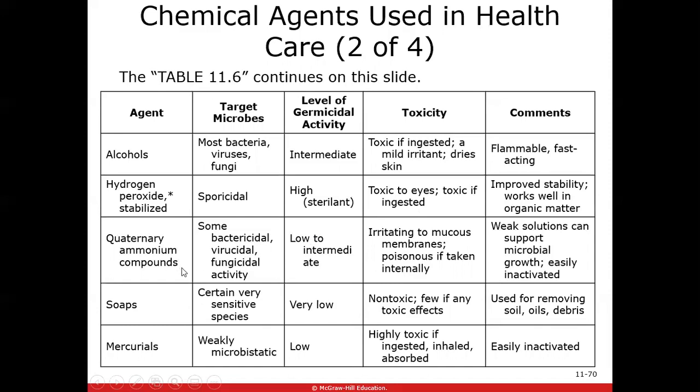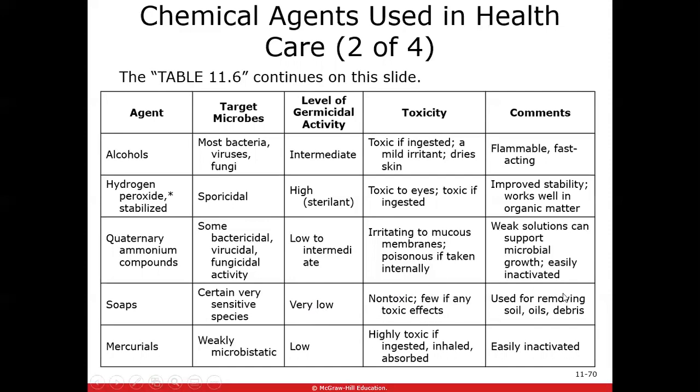Then you have the quaternary ammonia compounds, low to intermediate. Weak solutions can support microbial growth. So if you have a weak solution of it, microbial growth can actually occur. It's easily inactivated. Then you have soaps. They have very low germicidal activity, but they're non-toxic, with few if any toxic effects.